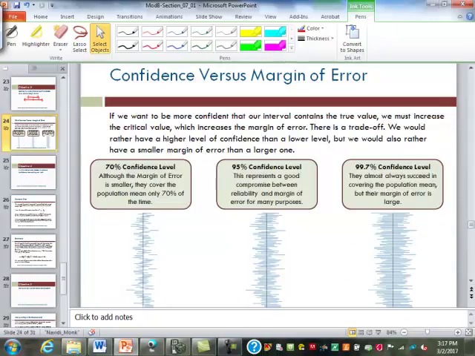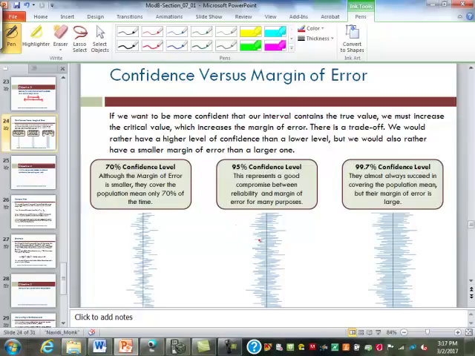So a 70% confidence level is going to have a pretty small margin of error because you only have to be right 70% of the time. It only has to be wide enough to catch that true population mean 70% of the time. The 95% interval is going to be a medium. That's usually what's used for most purposes.